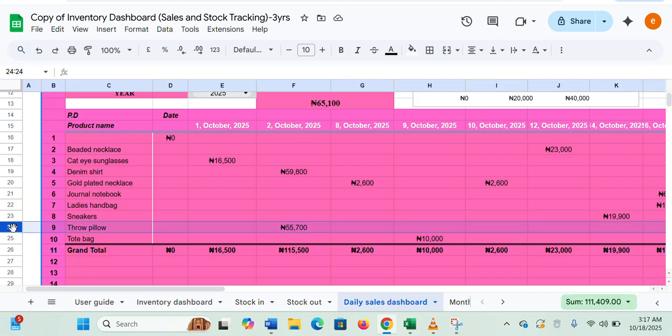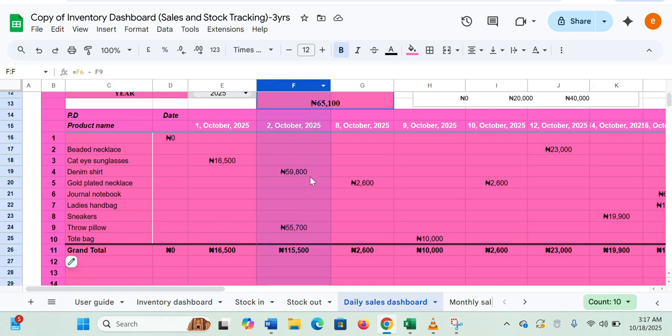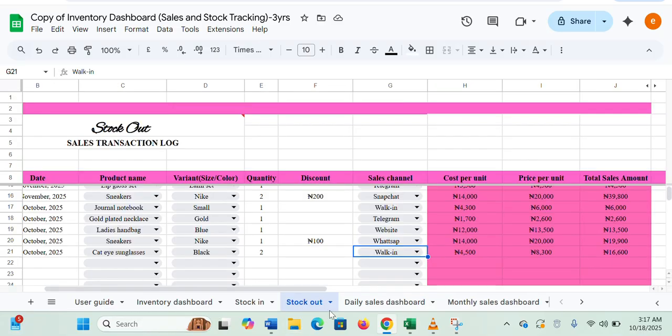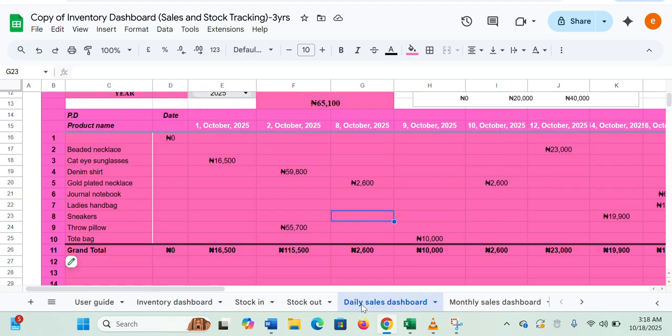I hope that you understand that. Then it writes here, you can see how much you made at the end of 2nd of October, 115,500. So you really do not have to input anything here again. It just gives you a data analysis of what you sold in the month of October. In as much as you keep updating products here, it keeps updating by itself.